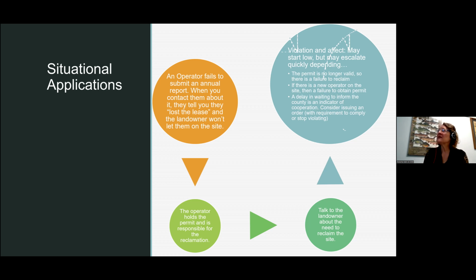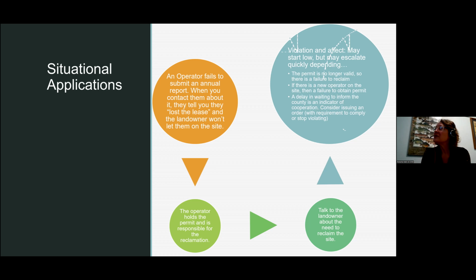But if you are running into difficulties and find yourself needing to issue an order, take a look at the fact that without a lease, their permit is no longer valid. You don't want to run into the situation where the site becomes abandoned. So you might want to look at a failure to reclaim as one of the violations.